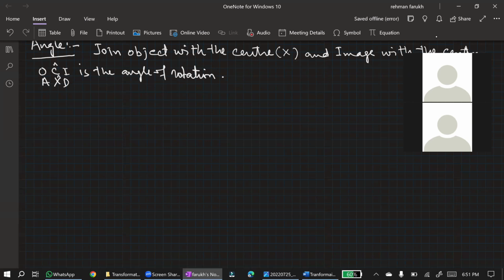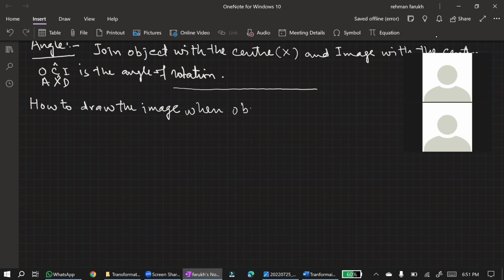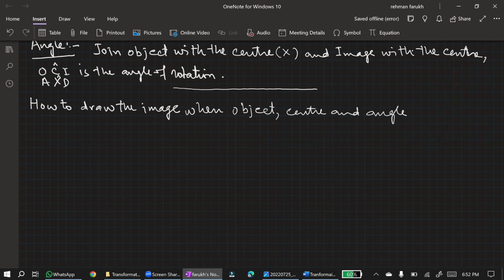Now, our next task is how to draw the image when object, center, and angle of rotation are given.